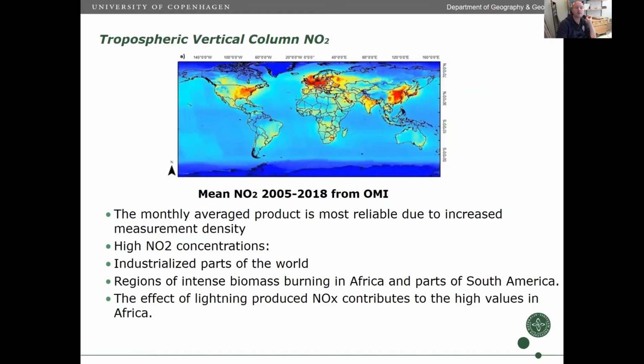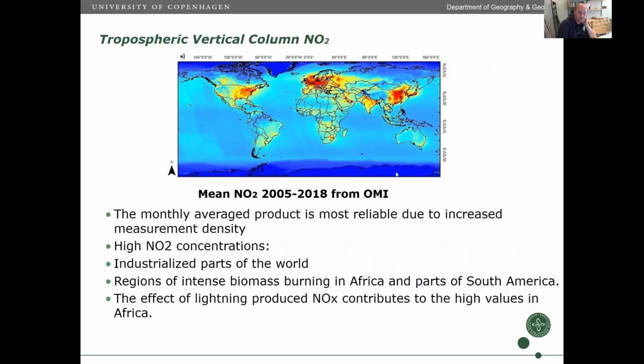Finally, we have come to an example of the product of nitrogen dioxide. This image here is based on nitrogen dioxide from the Ozone Monitoring Instrument. And this data is produced using exactly the same methodology which I described for you during the second part of the lecture here.